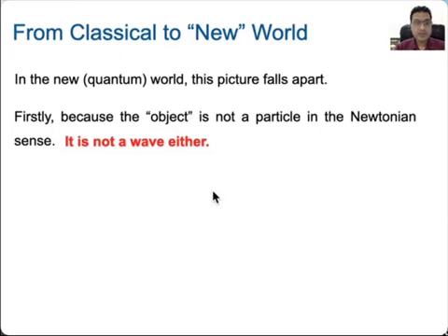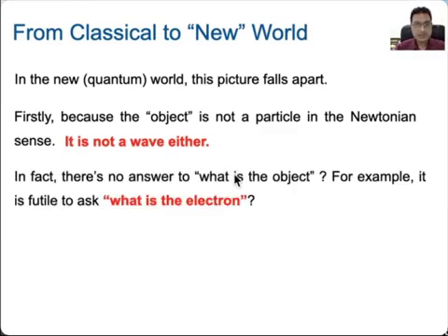The object is neither a wave nor a particle, or the other way around, it behaves like a wave as well as like a particle. This is what we have called wave particle duality. In fact, there is no answer to what the object is. For example, it is futile to ask what the electron is.